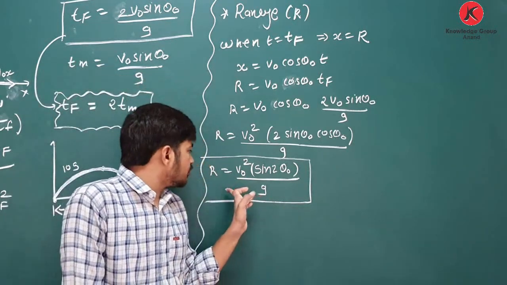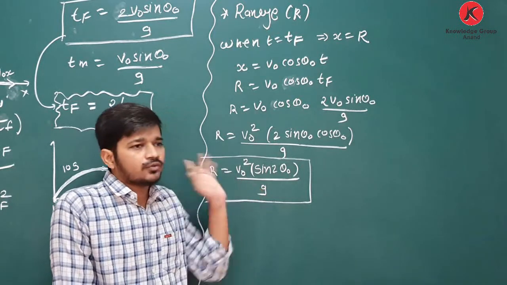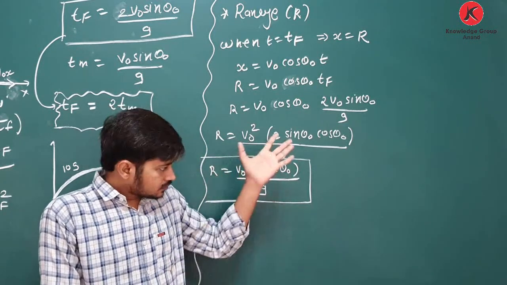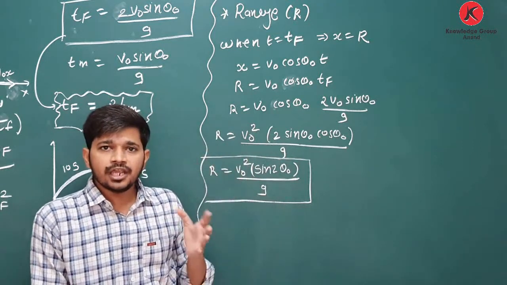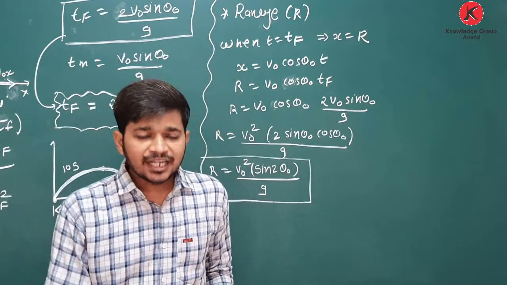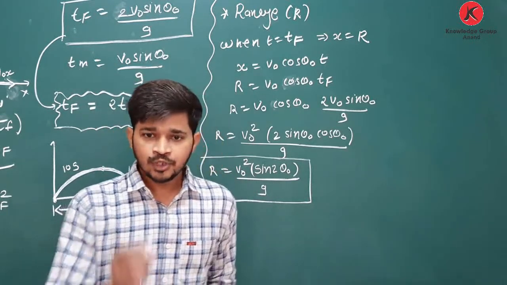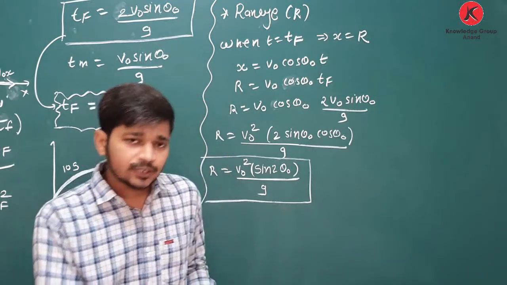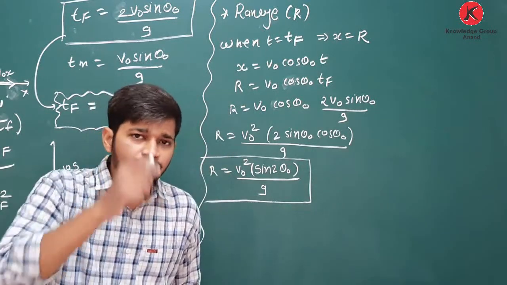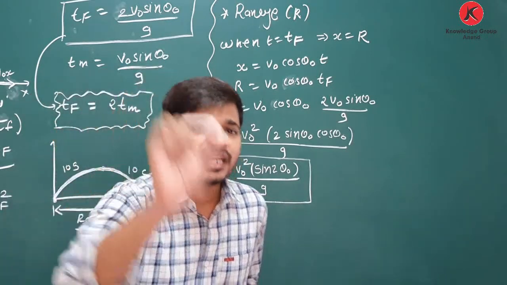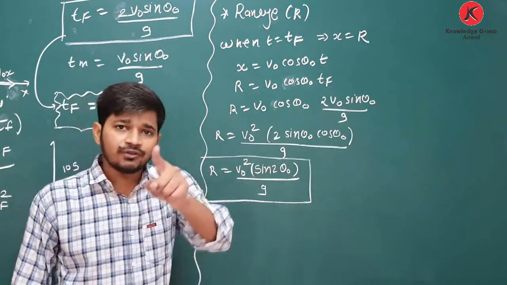Now see, in this equation of range, you may take some observations. What about this range? If you throw an object at different angles, at 10 degree, 20 degree, 30, 40, 45, 60, whatever, then in each and every case this range will be different.